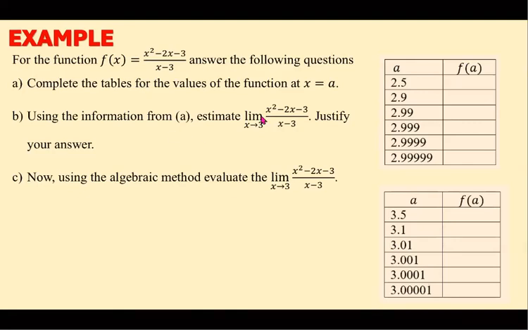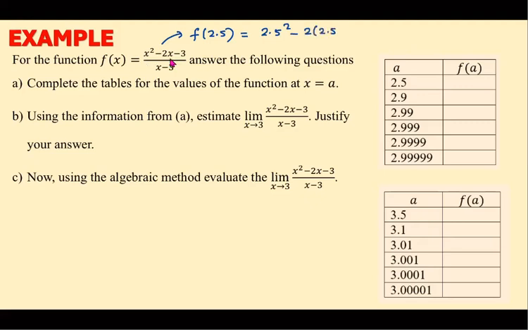So for example, if I want to find the value of the function at 2.5, what I do is I plug in 2.5 into this function. So that is like the value of the function at 2.5, which is equal to, we have x squared, so it will be 2.5 squared, and then minus 2x, 2 times 2.5.